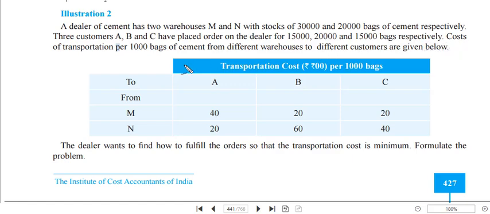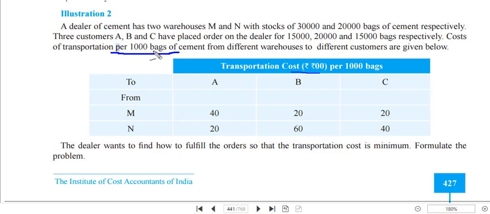Cost of the transportation per thousand bags. Please note this point. This is the cost, rupees 100, sorry, 1,000 per bag of the cement from the different warehouses to different customers. This is given in the tabulated form.